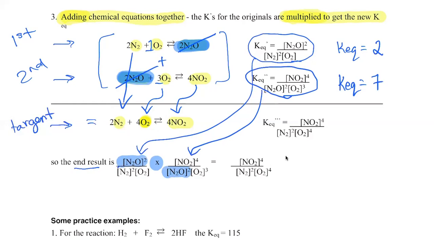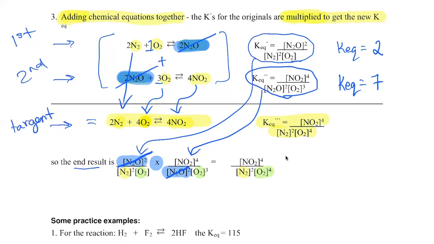So again, they're going to get canceled out here. Okay, and then when we multiply them together, we're going to see that it's going to create our target KEQ from that target equation. So my nitrogen is there and there. Okay, my oxygen, there's there and there. So that adds up to that one.